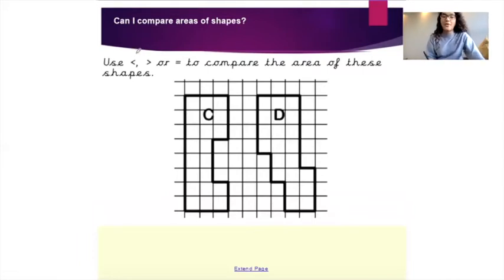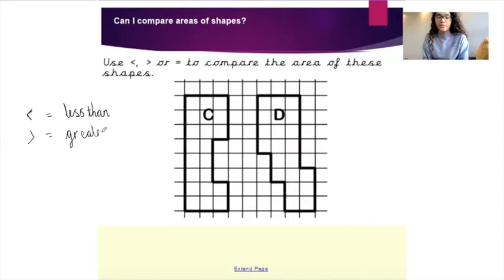So we have our first sign here. So I'm going to write it here. Now this sign means less than. Then we have this sign over here, and that means greater than. You could also say more than as well.